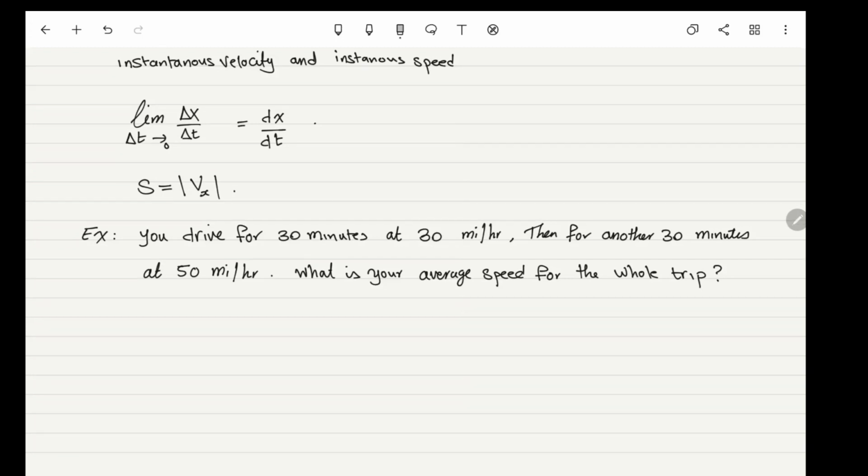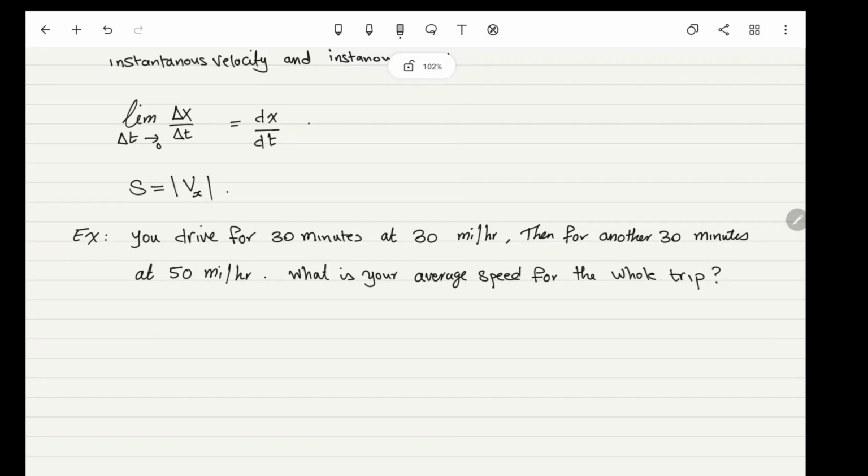Since the time for the first part of the trip is the same as the second part of the trip, in this case the average speed is equal to the distance for the first part, 30 miles per hour, so it's 30 plus the distance for the second part, 50 in this case here, and the time, it's 30 minutes.